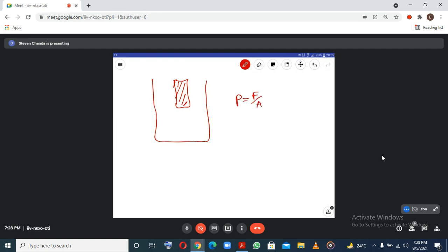So we would then be able to figure out the pressure. That's very important to take note of.